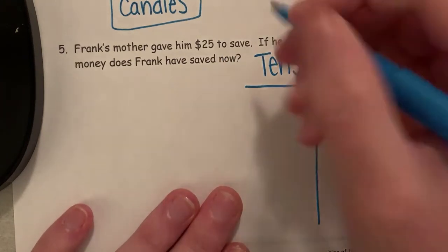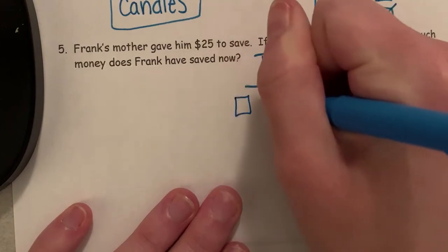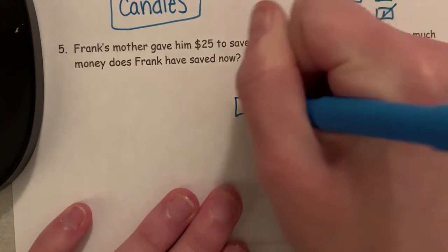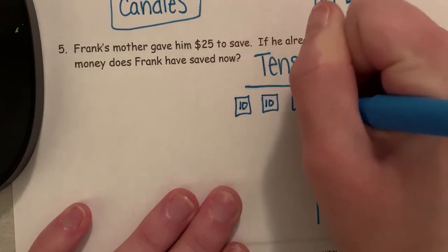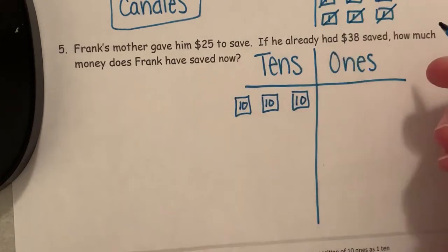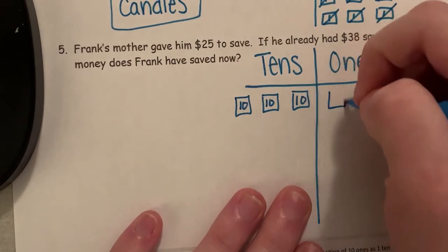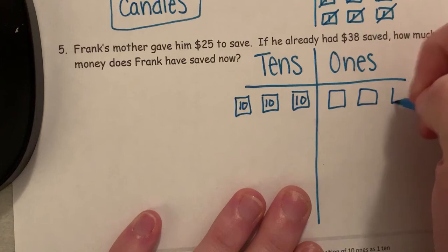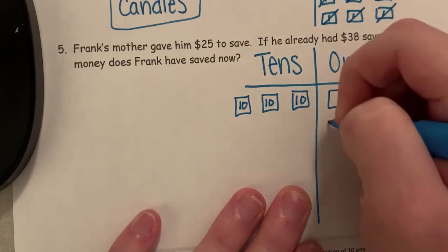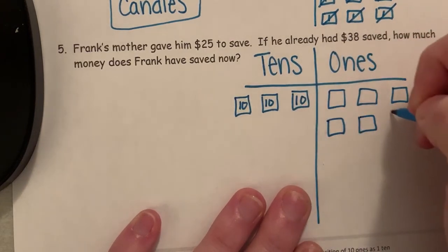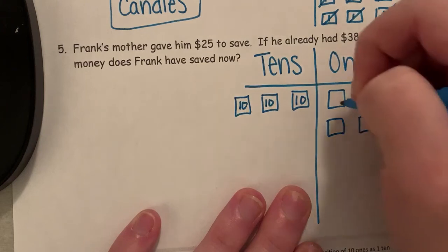So for 38, we're going to have 10, 20, 30. And then we have our 8 for our ones place. So 1, 2, 3, 4, 5, 6, 7, 8.